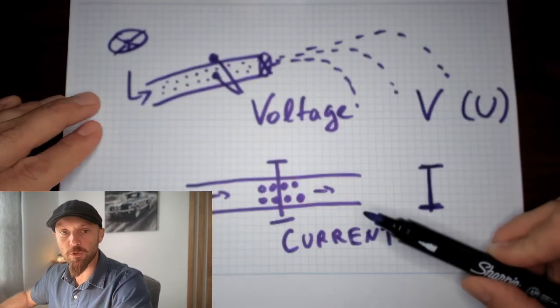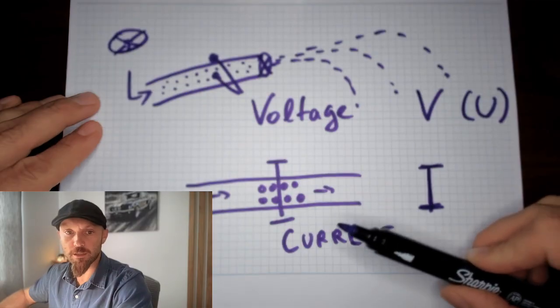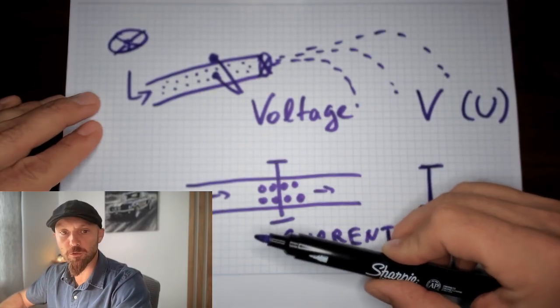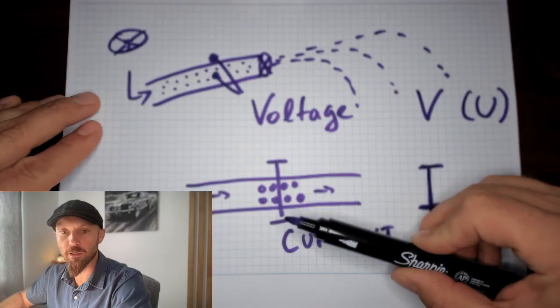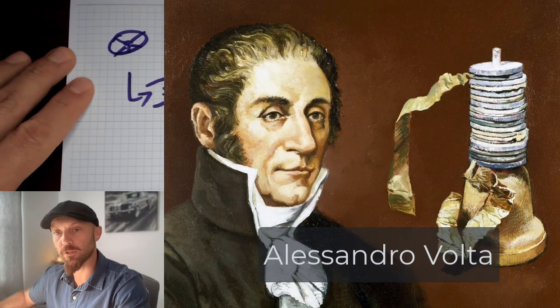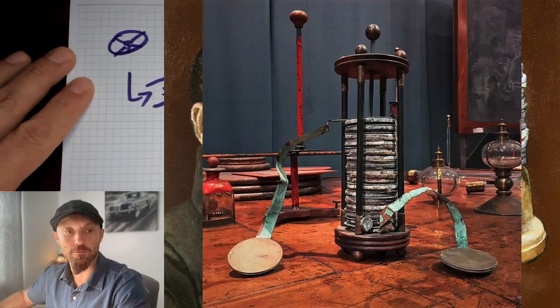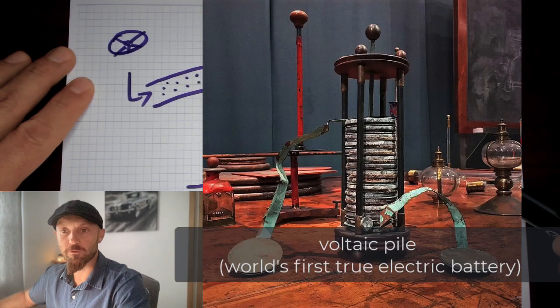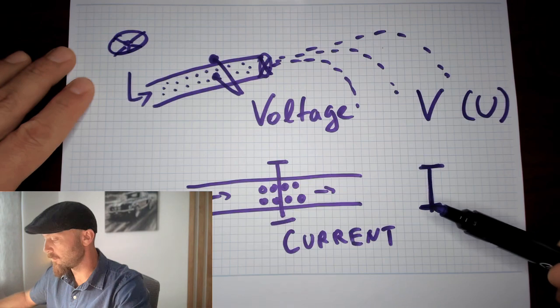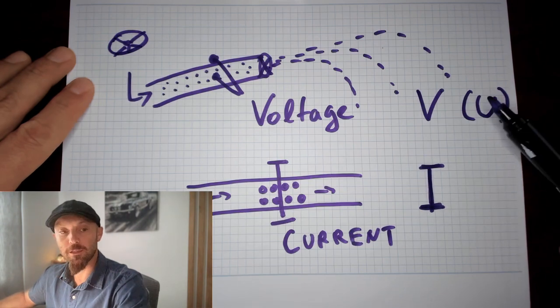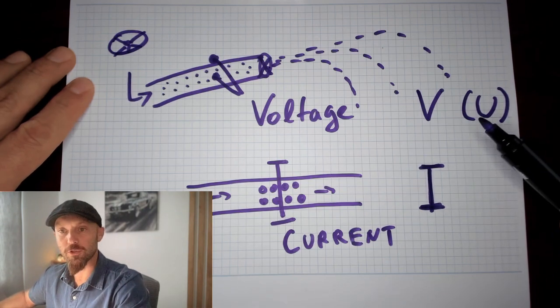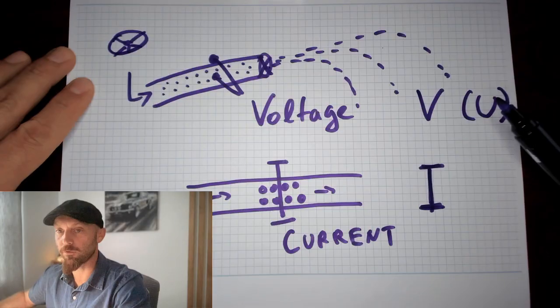When we talk about current, current is the rate at which the electrical charge flows past a specific point in the circuit. Here's an interesting fact. V comes from the name Alessandro Volta, who is credited for inventing the voltaic pile. However, I is for intensité, in French, as in intensity of current. And the letter U is for Unterschied, which means difference in German.